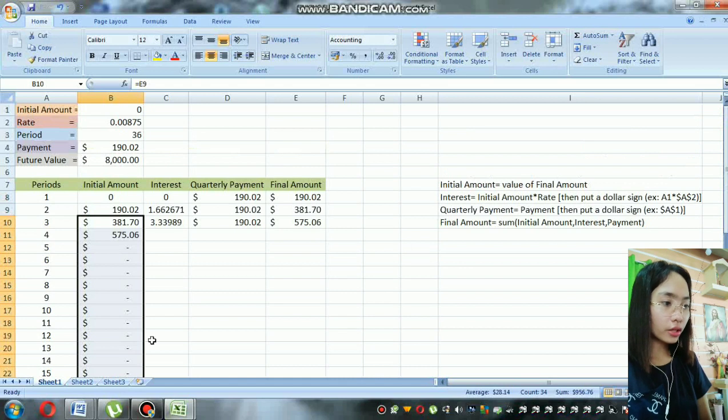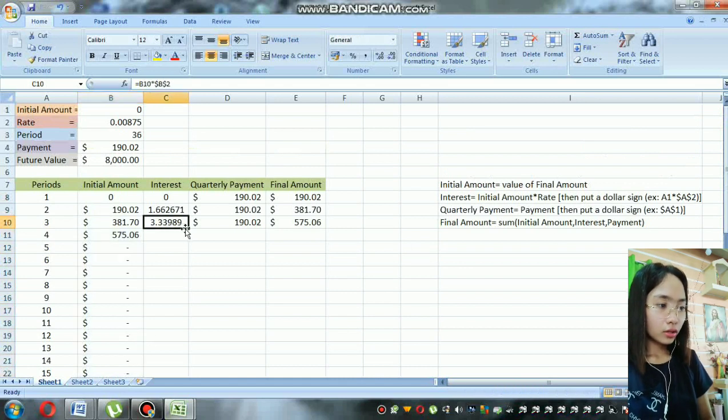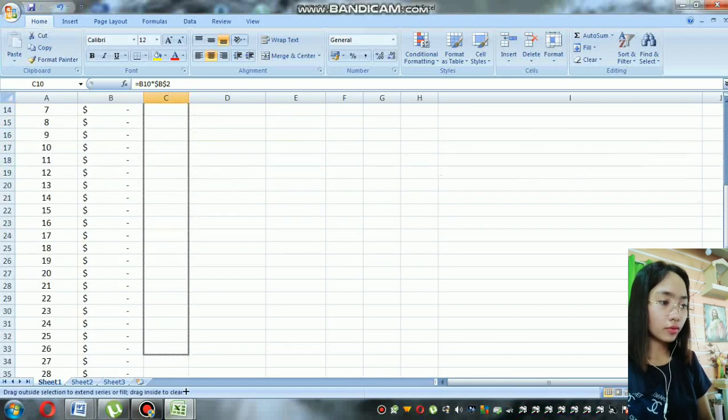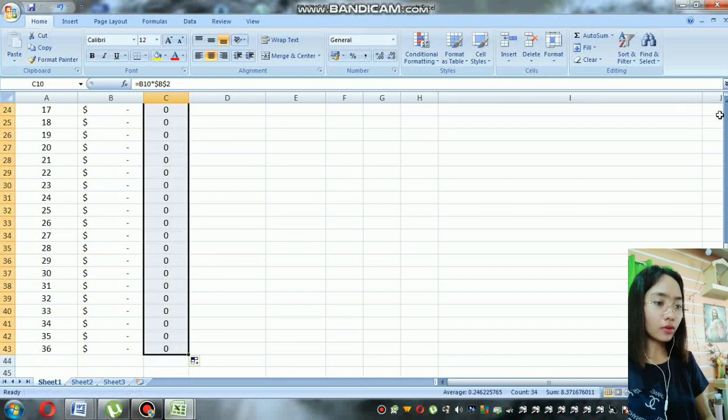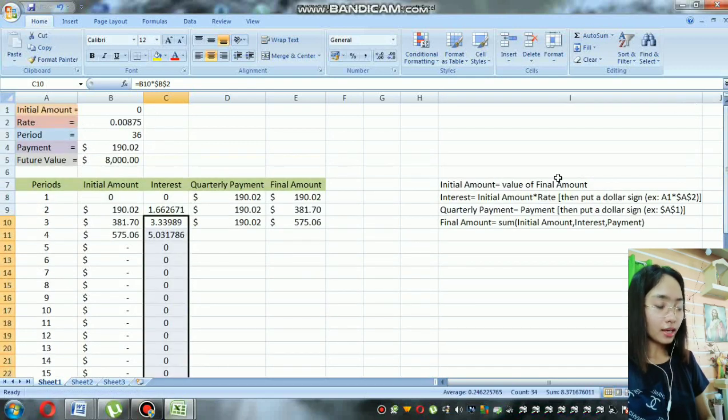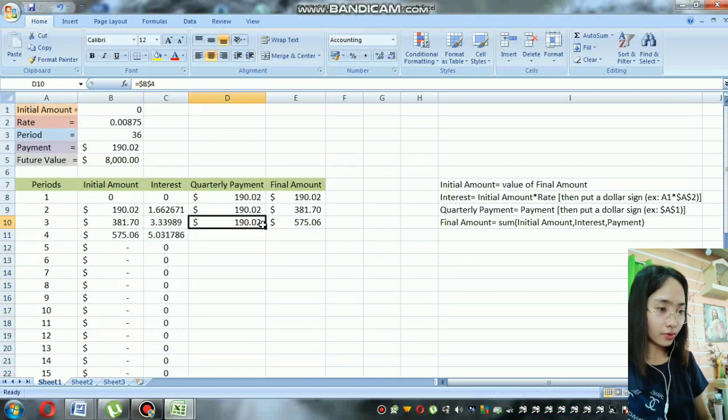And if the future value is similar to the value of the last part of final amount in the schedule, then the process of constructing a sinking fund schedule is correct. Just like this.